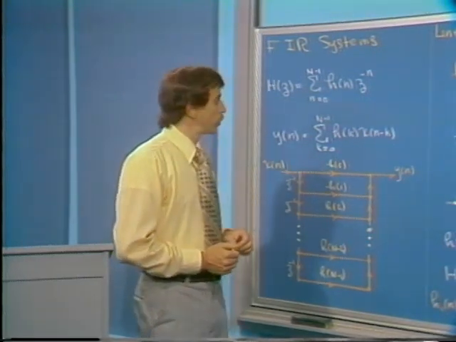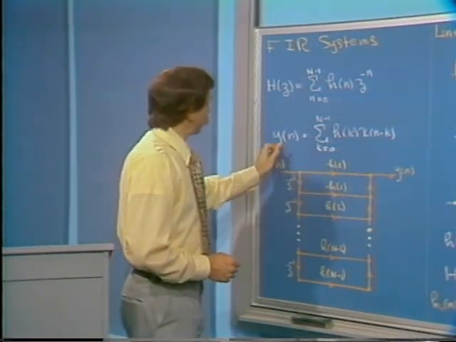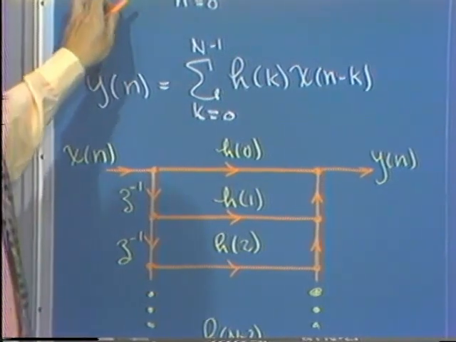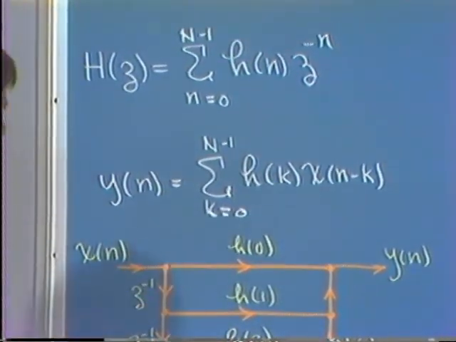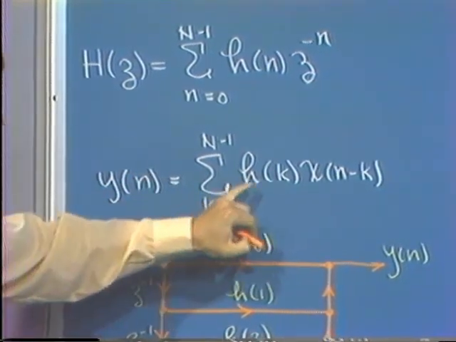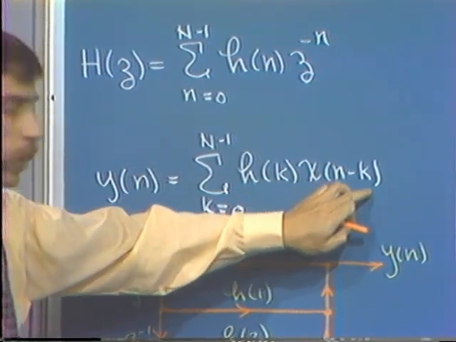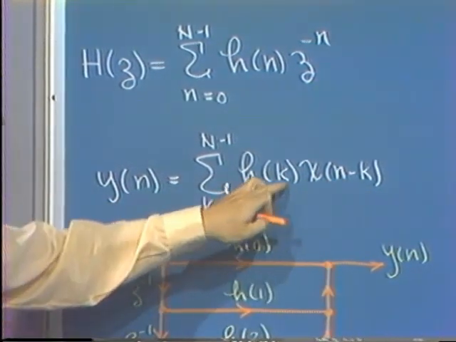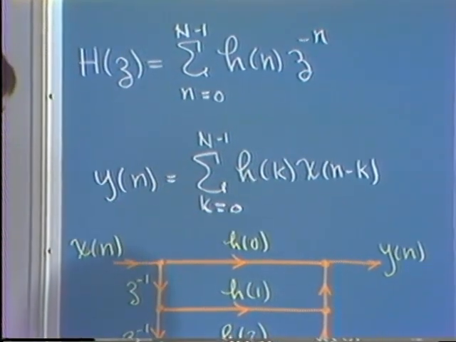For example, we can generate a direct form structure from the difference equation, or equivalently from the z-transform. And we see that the direct form structure corresponds to generating a weighted combination of delayed inputs where the weighting coefficients are the values in the unit sample response h of n.